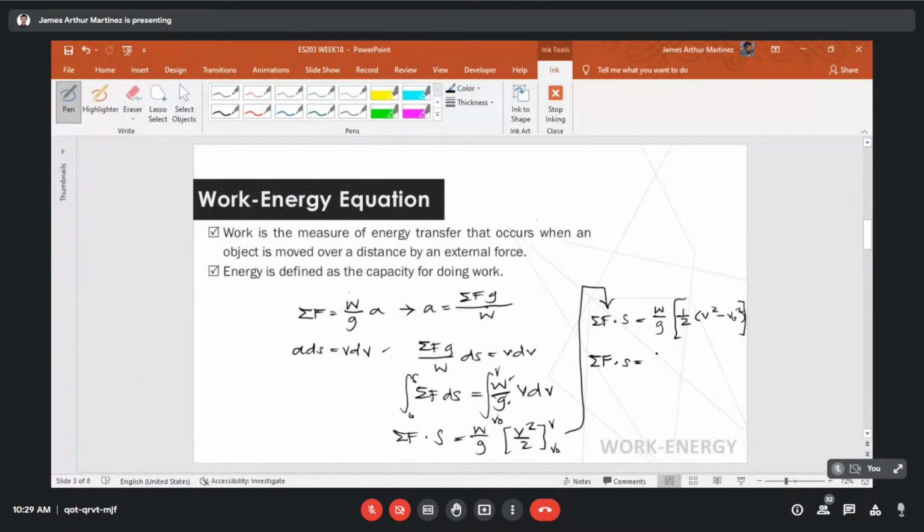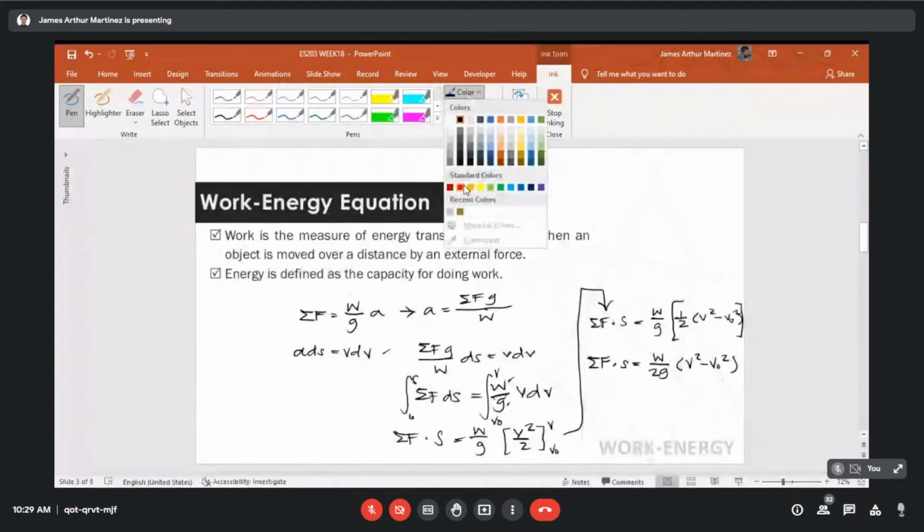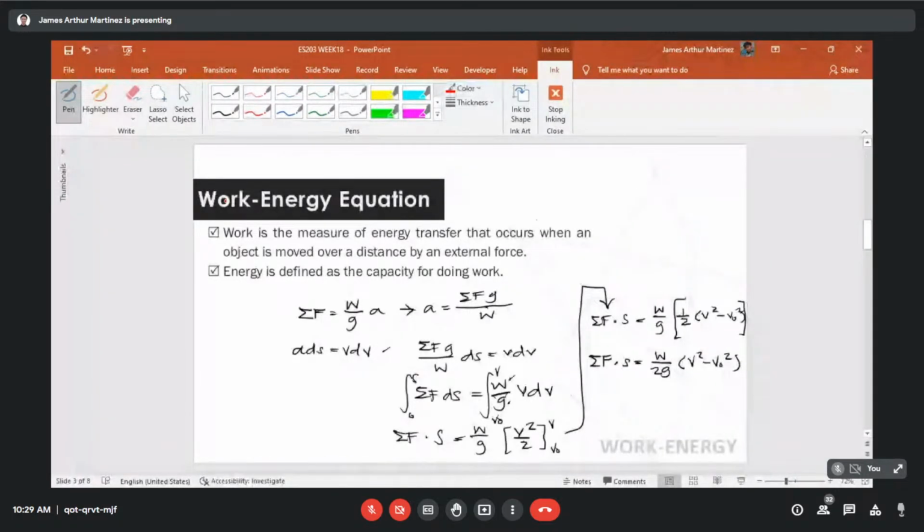Okay, so this is equal now to the weight of the object over 2g times the final velocity squared minus the initial velocity squared. And this is now our work and energy equation.